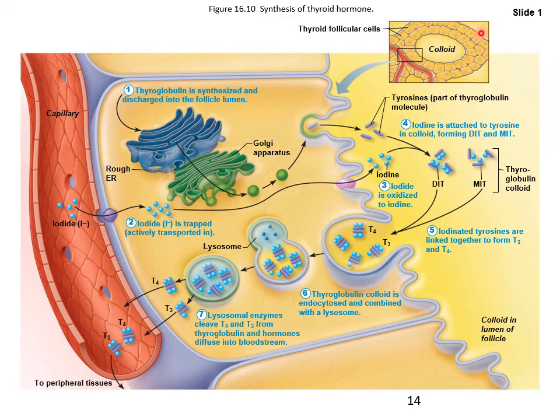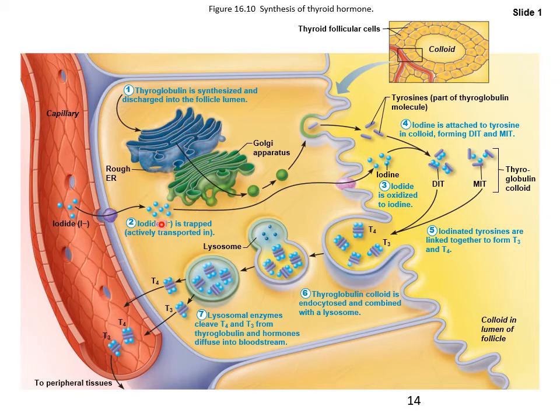There's the cells. These are the follicular cells. And your thyroglobulin that we mentioned earlier is synthesized and discharged into the follicle lumen. So it's produced in the rough ER, transported to the Golgi, and then the Golgi packages it up and ships it out of the cell and puts it here.